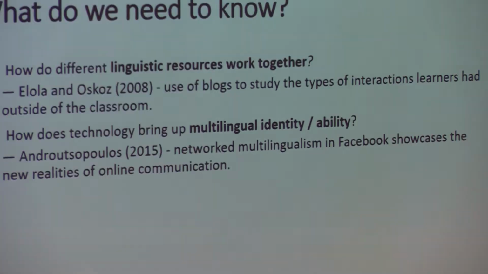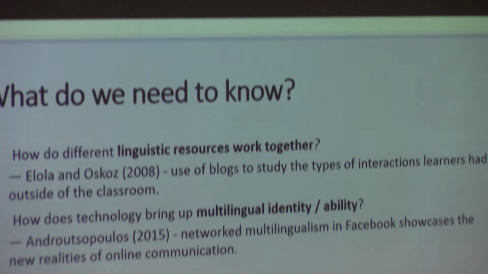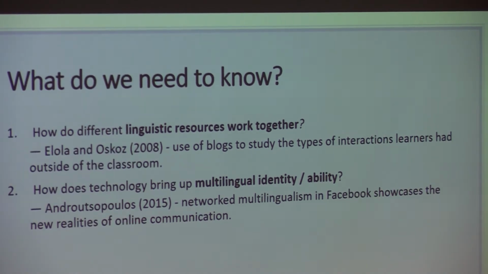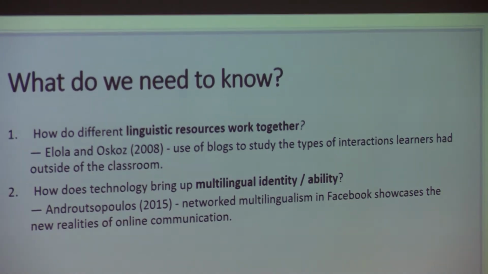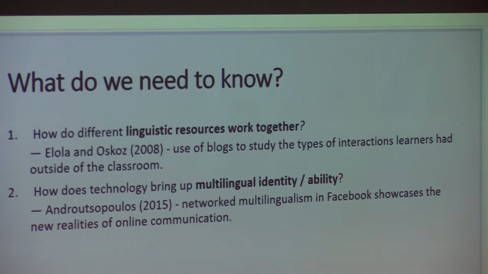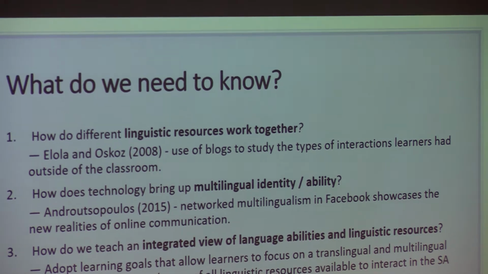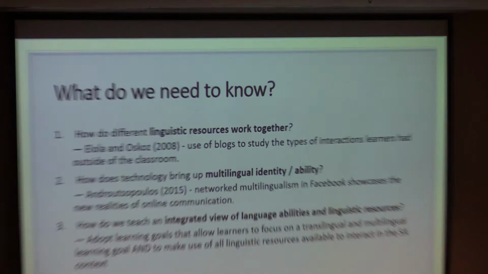The Facebook analysis that I saw yesterday too, the idea of synchronous, asynchronous affordances, all those options are being studied, and many of those studies are being presented at this conference, which is very encouraging because this is the kind of research that we need. And finally, we have the notion of how do we teach this integrated view of language abilities, interactional, and linguistic resources.